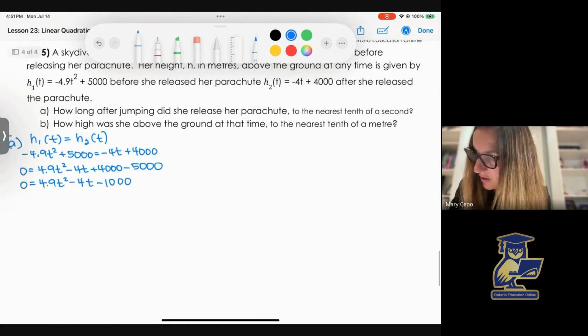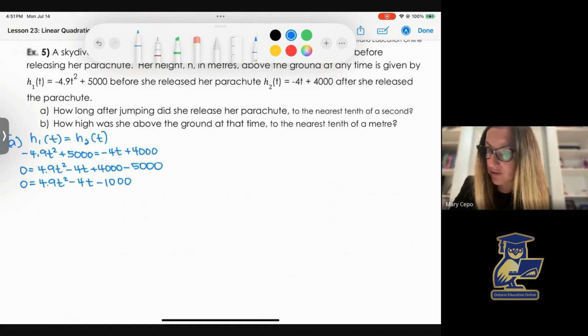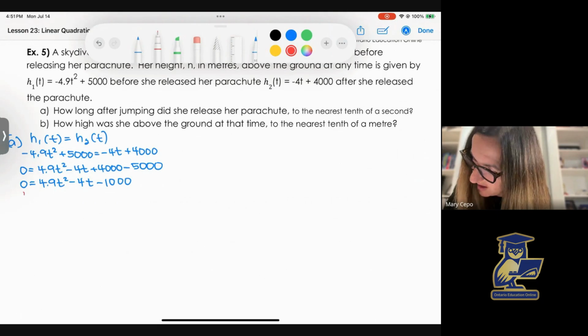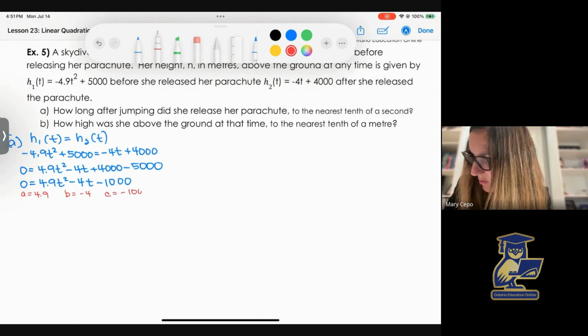Okay, so we're going to use the quadratic formula. Anytime there's a decimal, it's not usually factorable, but we know a is equal to 4.9, b is equal to negative 4, and c is equal to negative 1,000.